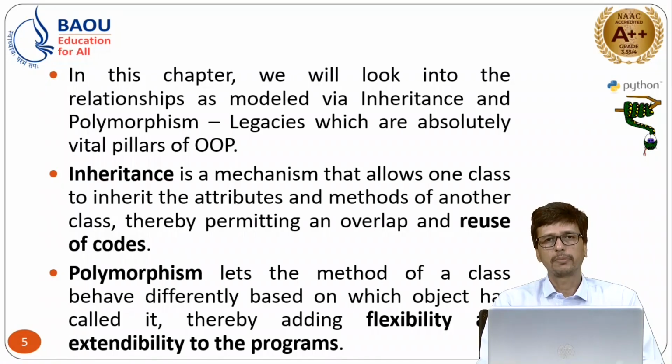In that case, the behavior can change according to the class, according to the object for which that particular method is called. So here the method is the same but the behavior can differ. That will be implemented with the help of the feature called polymorphism, which we will discuss with demonstration in the next subsequent session. Obviously the flexibility as well as extensibility can be increased with the help of polymorphism.